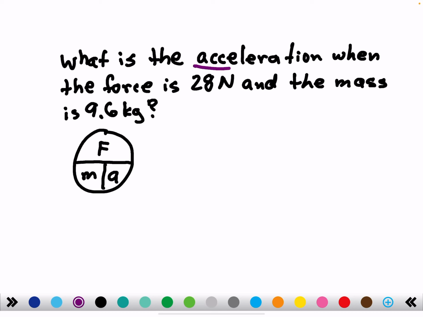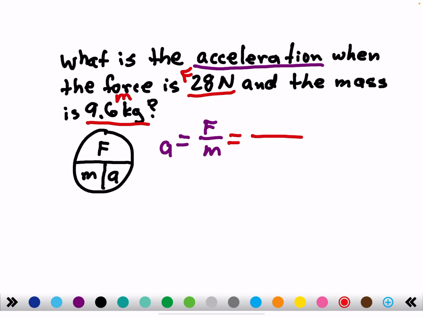We're looking for acceleration, so we cover up the a and we find that acceleration equals force divided by mass. So here's our force, that's always newtons, and mass is always measured in kilograms. So we just plug these values into the formula.